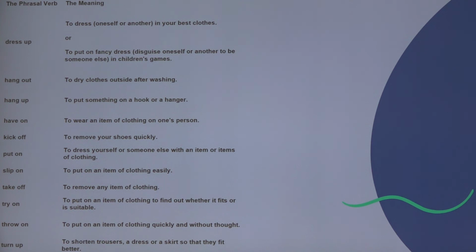Take off, to remove an item of clothing. Try on, to put on an item of clothing to find out whether it fits or is suitable. Throw on, to put on an item of clothing quickly and without thought. Then we've got turn up, to shorten trousers, a dress or a skirt so that they fit better.